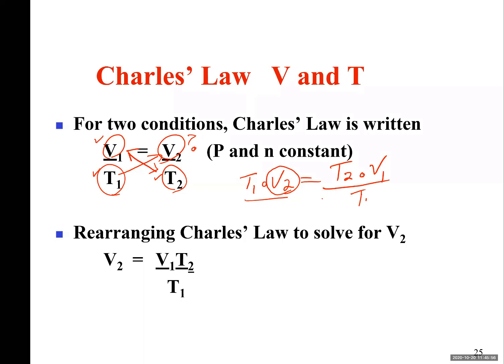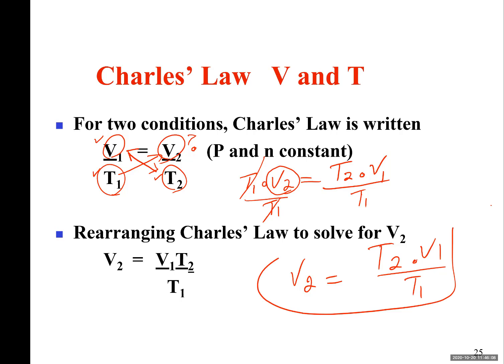I can divide both sides by T1, so T1 and T1 are canceled. On the left-hand side, I have V2, and on the right-hand side, I have V1 T2 over T1, which is the formula here. V2 is V1 T2 over T1.